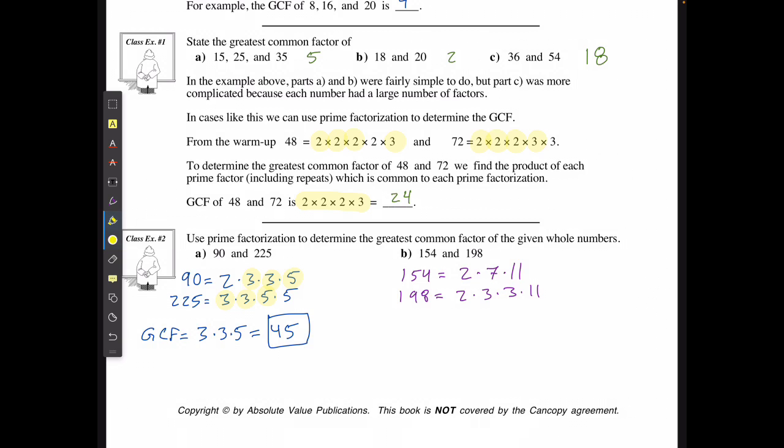And I can see that they both have a 2, they both have an 11. The greatest common factor is equal to 2 times 11, or both these numbers are divisible by 22.